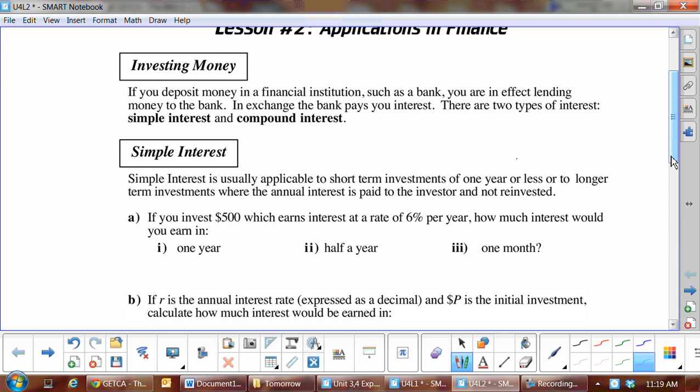Okay? But what a lot of people don't know is how compound interest really works. Okay? Like if you bought a house, pretty well any house, let's say a $500,000 house, and you had a mortgage for 25 years, and say you're making payments of $1,200 a month or whatever, that would be your minimum payment.